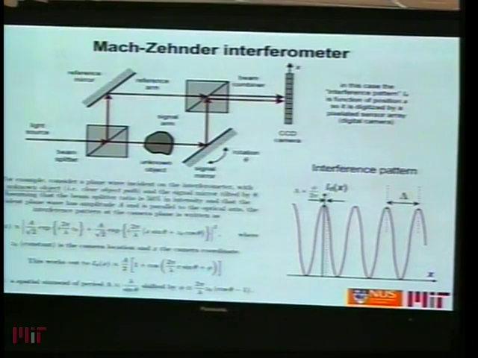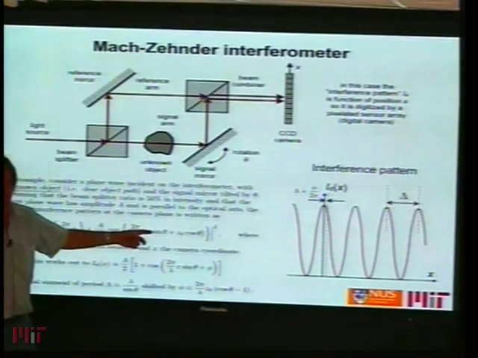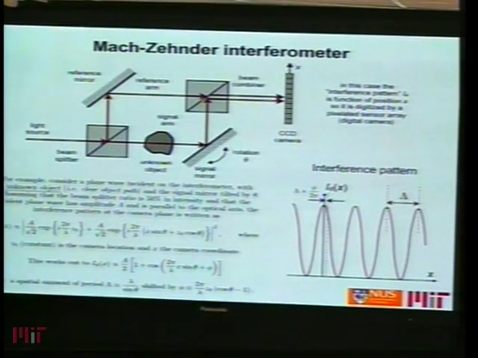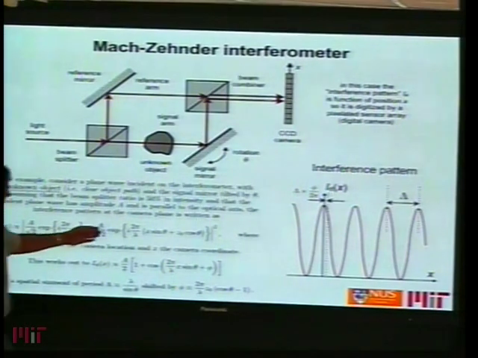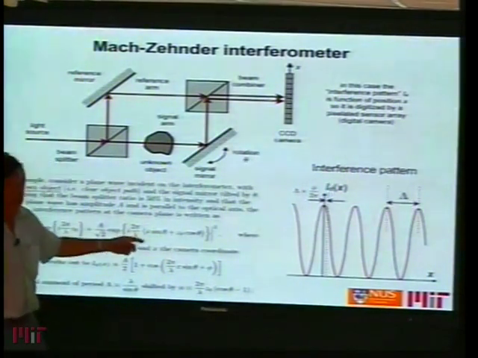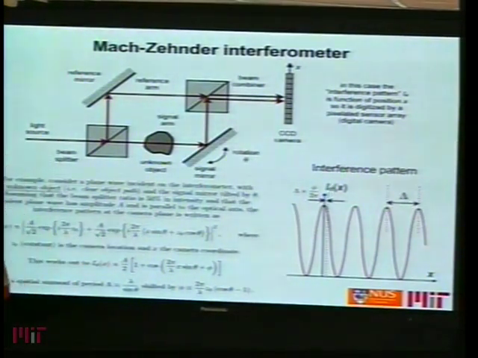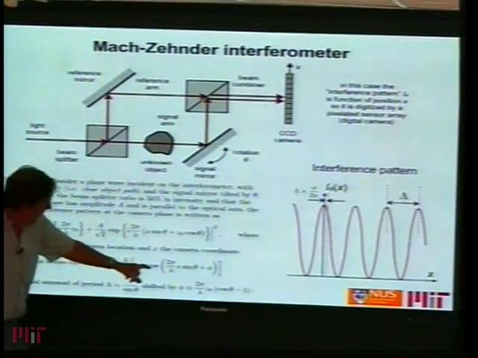This bit here is deriving that. We're adding two waves together. One is arriving normally. The other one is tilted through an angle theta. And so this one is going to have a linear phase variation as a function of x, which will then appear inside this cosine.